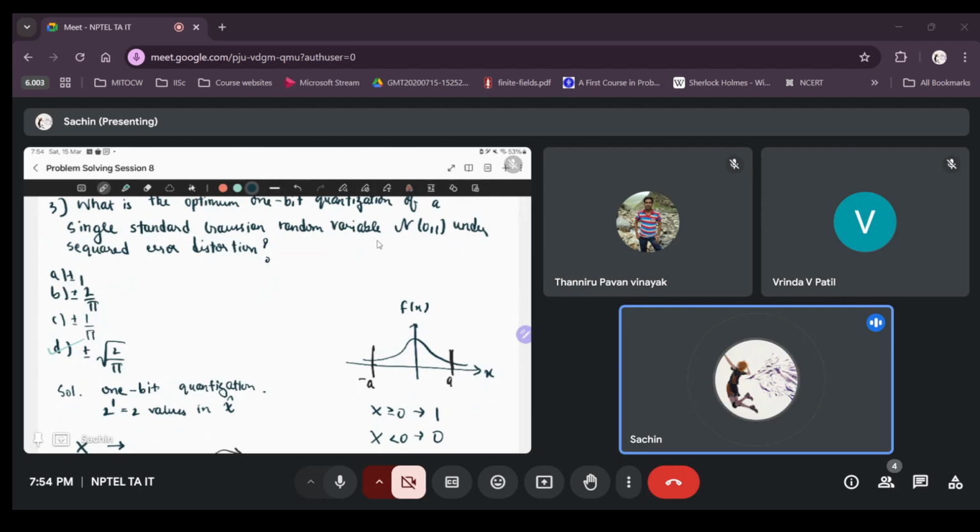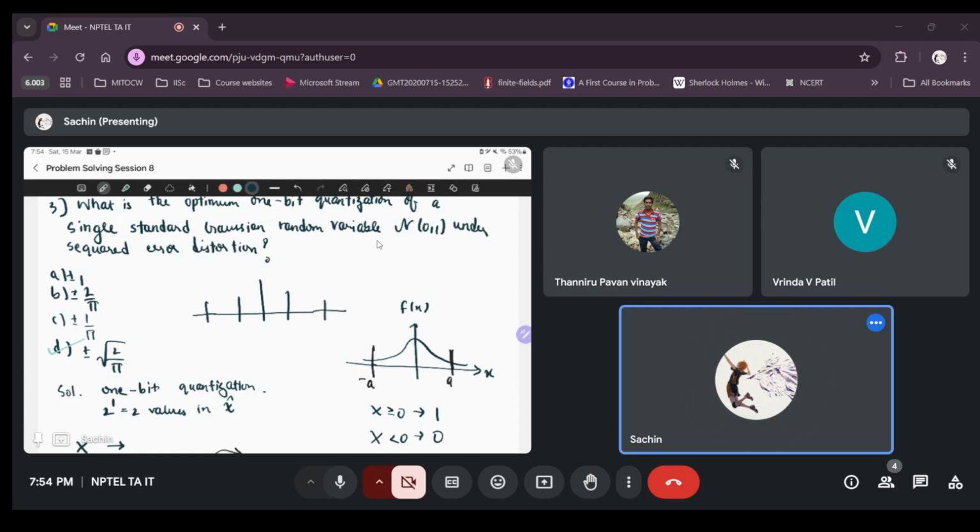And when you are reconstructing, you reconstruct to the mean value, the value which minimizes the mean square error. Suppose you had to do two-bit quantization, then you would have to divide this into four regions. But what regions you should divide this into, it's not a straightforward question.